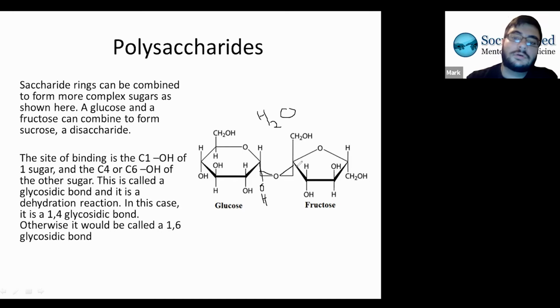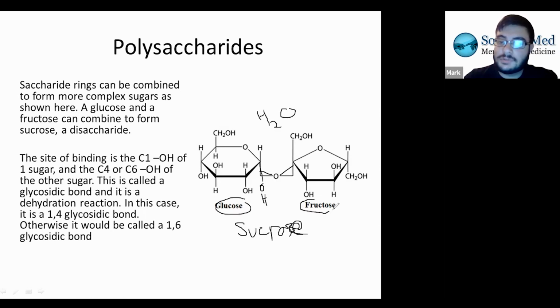All right, and I do think you should maybe know this one specifically, this disaccharide. It's called sucrose, and the reason you should know it is because this is table sugar. This is what we usually use to sweeten our foods, like put in our coffee or make cake with, called sucrose. It's a combination of glucose and fructose.